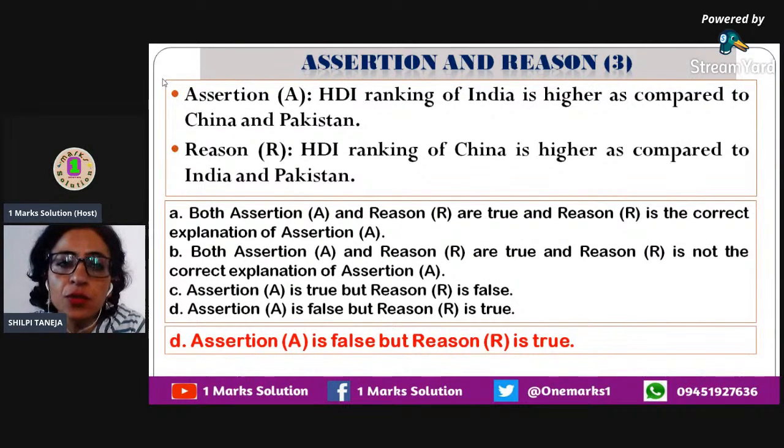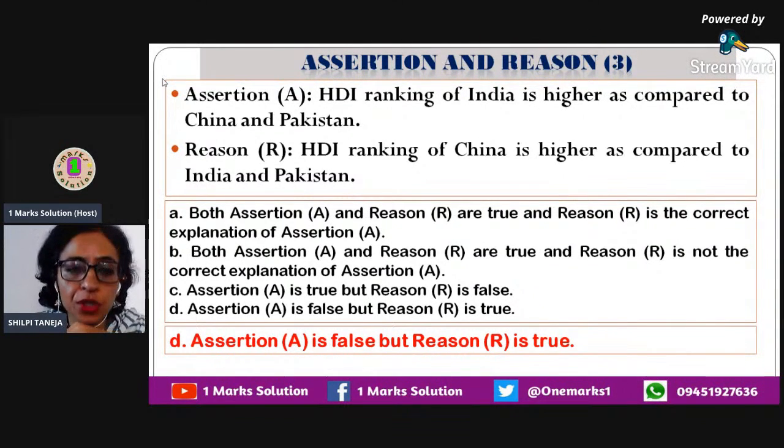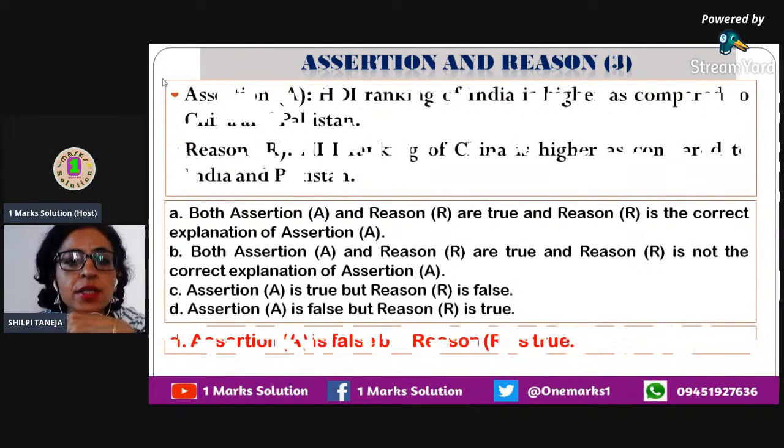So assertion is false. Reason is telling Human Development Index ranking of China is higher as compared to India and Pakistan, which is true. Okay, so China's Human Development Index is higher than India and Pakistan. So we will go for option D, where it says assertion is false but reason is true.